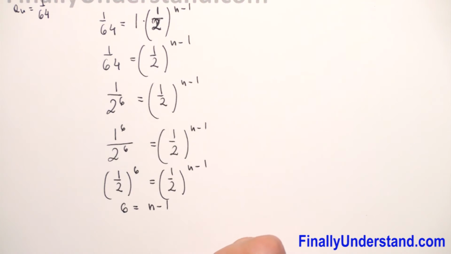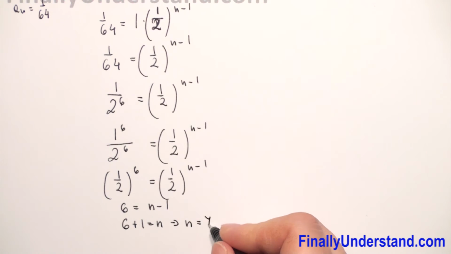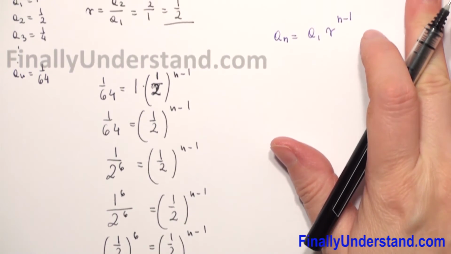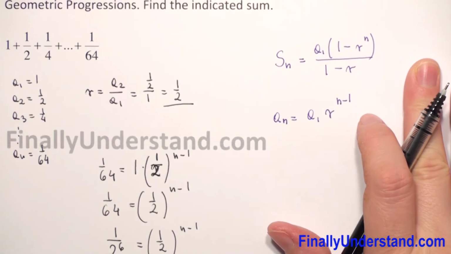So we got a linear equation with one unknown. I will move the -1 to the left side, so we have 6 plus 1 equals n. So n is equal to 7. Now we have n, we have a1, and r.